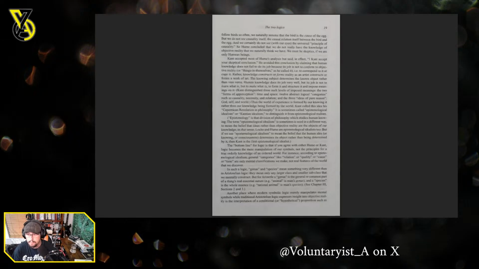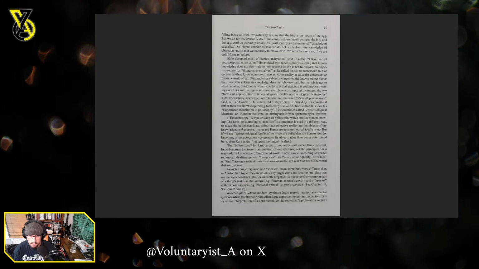Thus, the world of experience is formed by our knowing it rather than our knowledge being formed by the world. Kant called this idea his Copernican revolution in philosophy. It is sometimes called epistemological idealism or Kantian idealism, to distinguish it from epistemological realism.